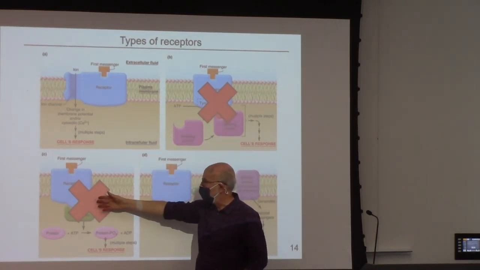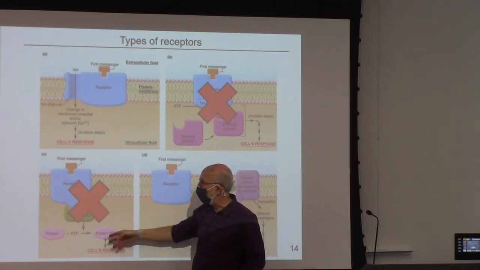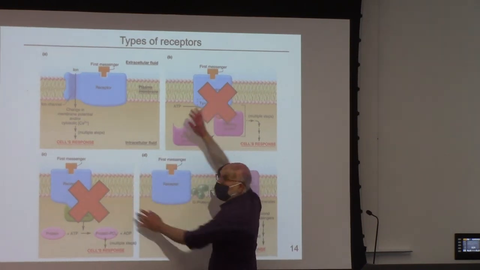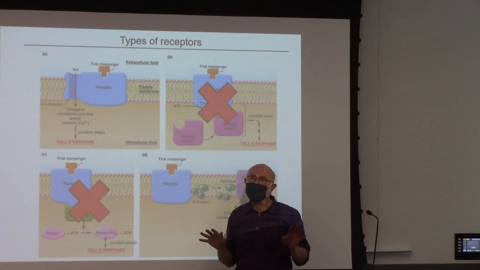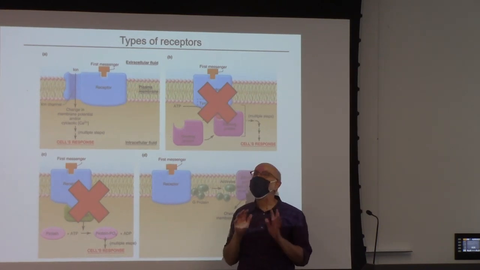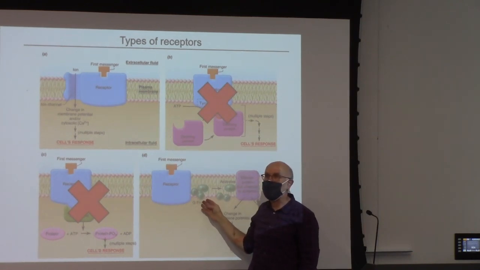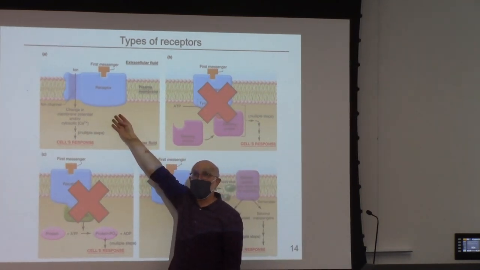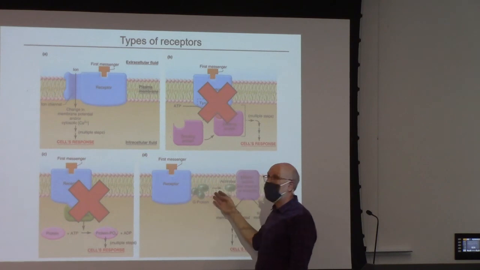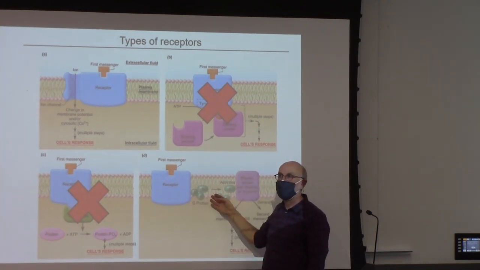There are other kinds of receptor molecules that are coupled to enzymes that we are not going to talk about in this course. I don't want to say they're not important. They're extremely important. But these are the types of receptors we're going to talk about in this course. Ligand-gated ion channels and G protein coupled receptors.